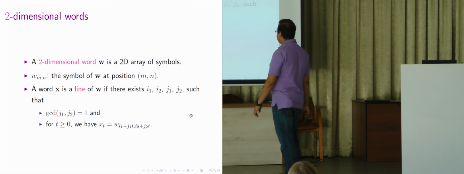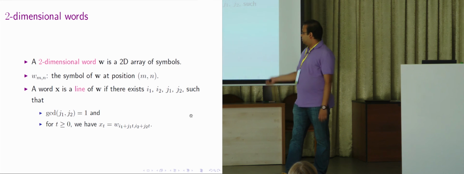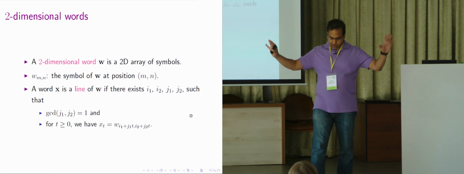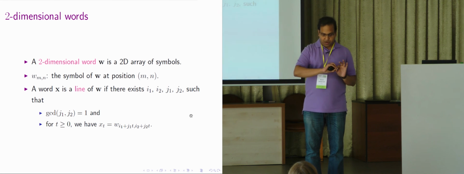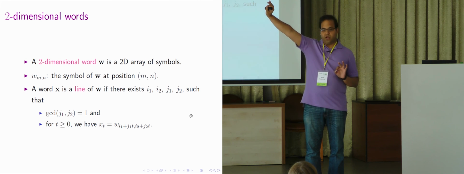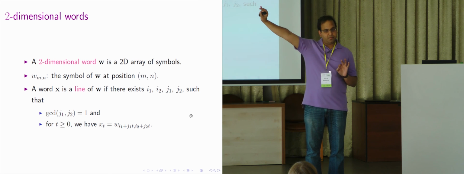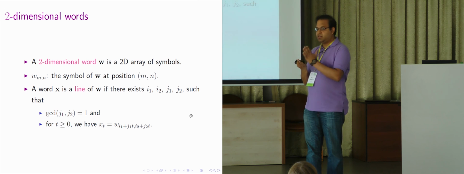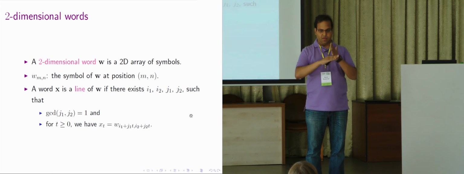Okay. If I have this two-dimensional grid of letters, suppose I draw a straight line through the grid of rational slope, and wherever that straight line meets one of the lattice points, one of the integer points on the grid, there'll be a letter there.